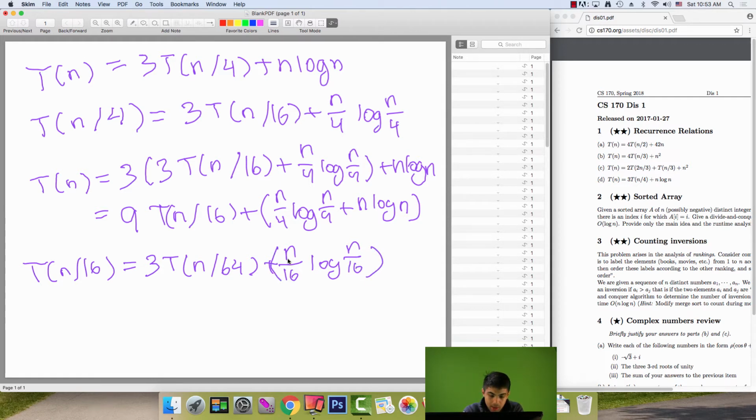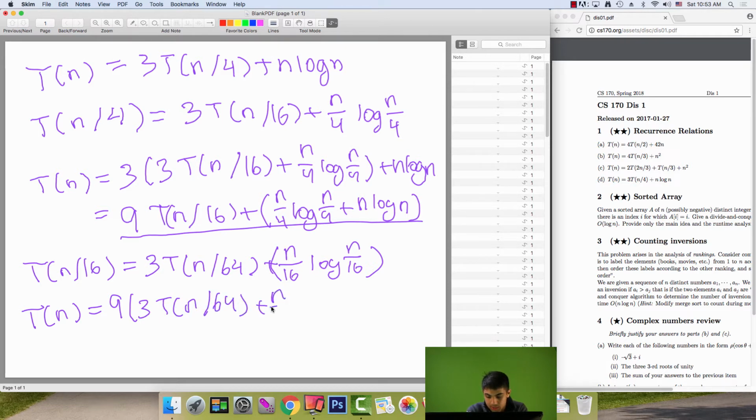And substituting this back into the formula we just got up here, we find another result for T(n), which is going to be 9 times [3T(n/64) plus (n/16) log(n/16)] plus (n/4) log(n/4) plus n log n.